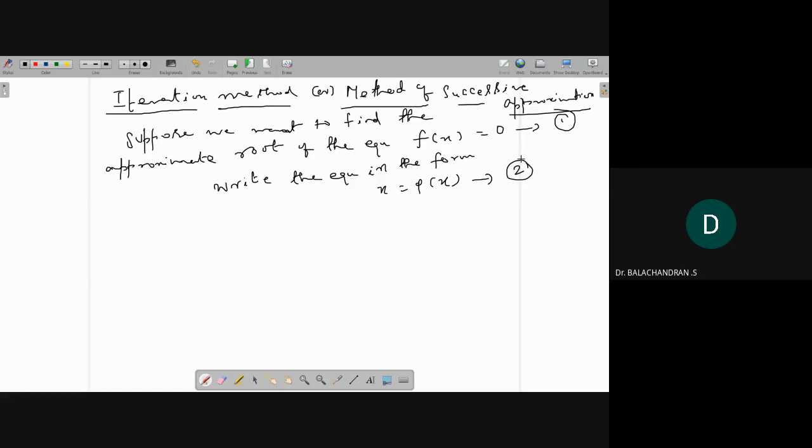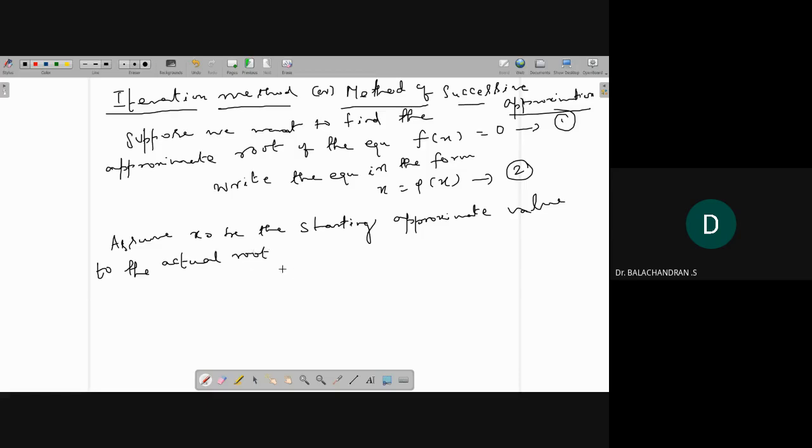Now assume x naught be the starting approximate value to the actual root alpha of x is equal to phi of x.